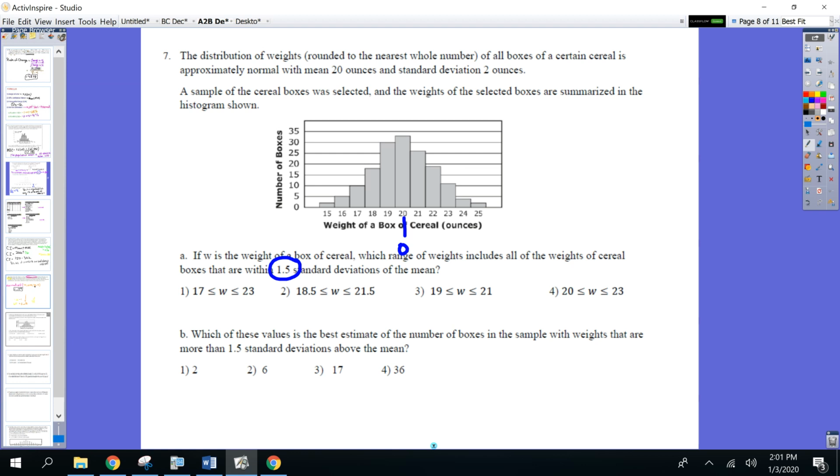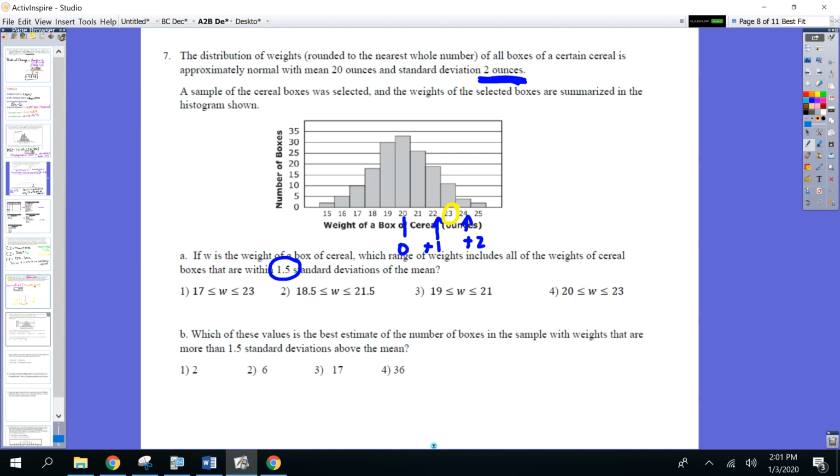How do you know it's at 22 and not something else? Because standard deviation is 2 ounces. Standard deviation is 2. I add 2 to 20. Here's +1, everybody. Where's +2 going to be? 24. All right, so where's 1.5 going to be? Right in the middle, which is 23. Now get me to -1.5 now.